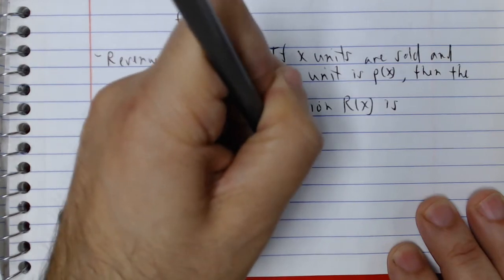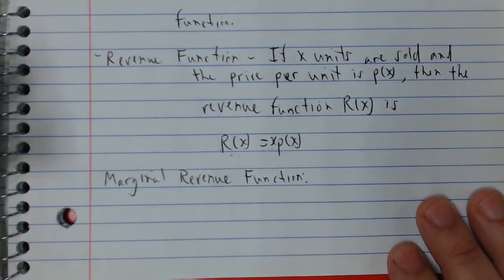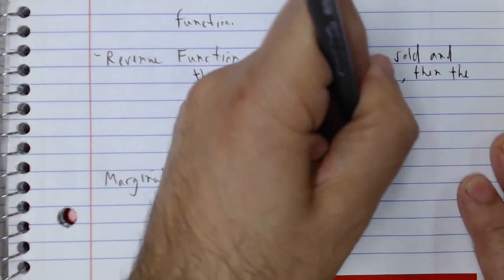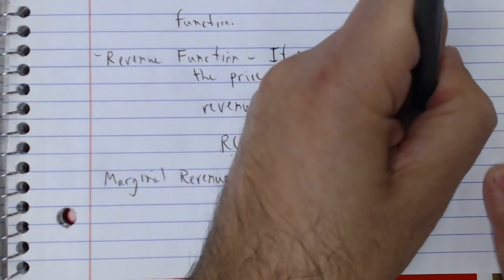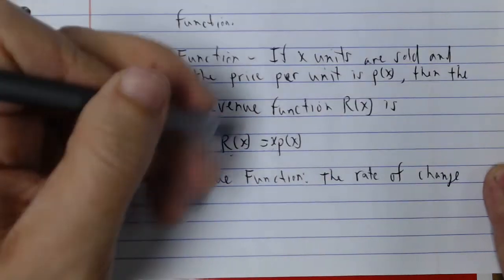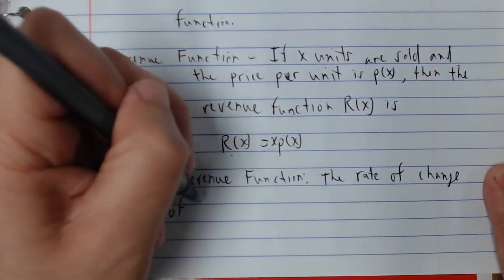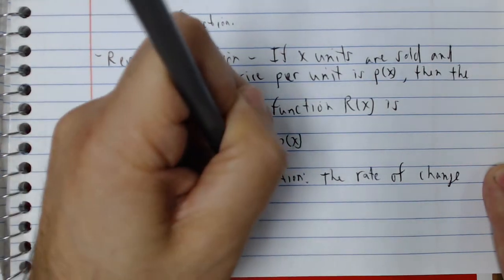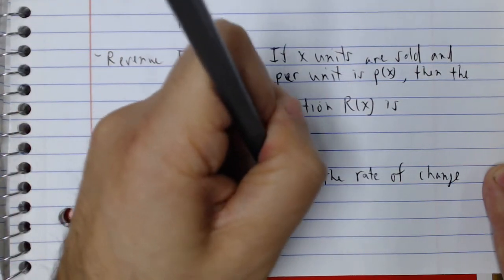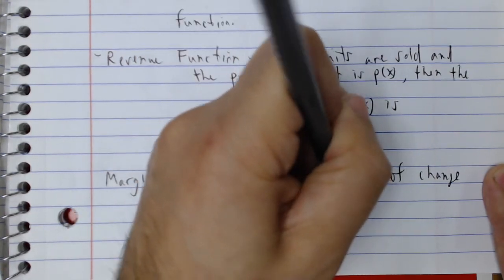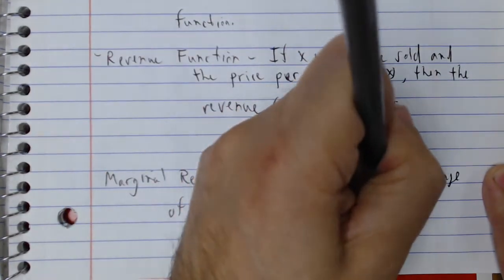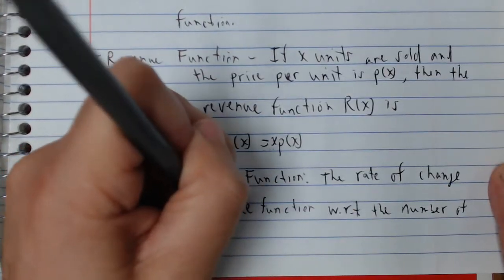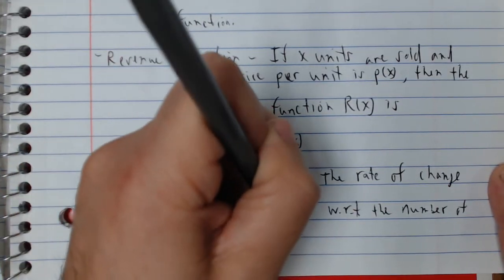The marginal revenue function is simply the rate of change of the revenue function with respect to the number of units sold.